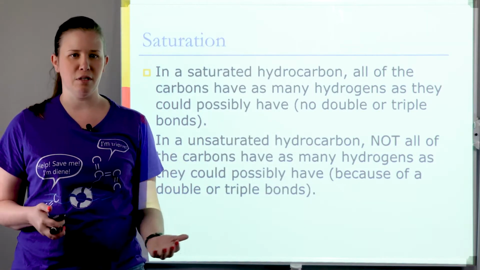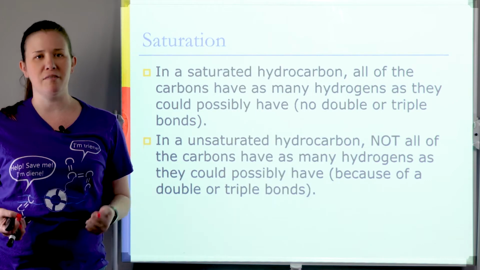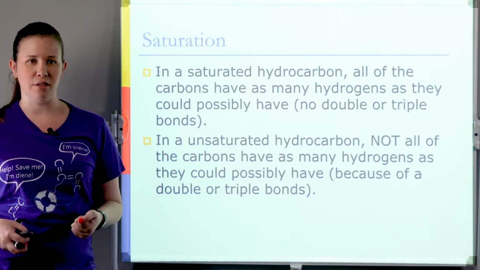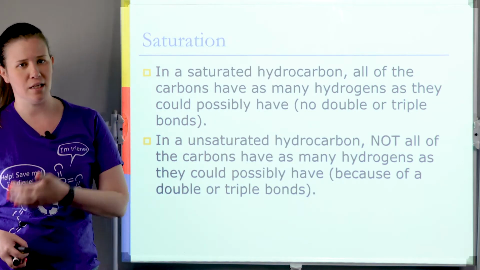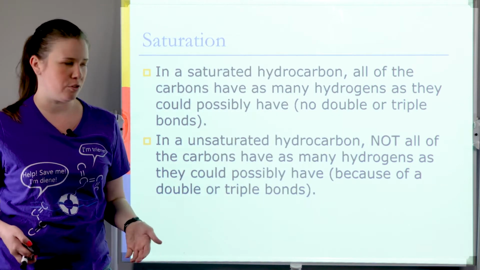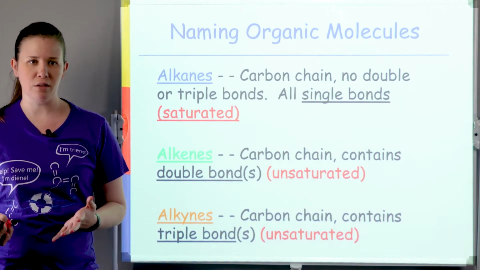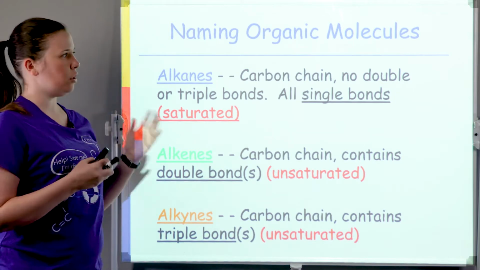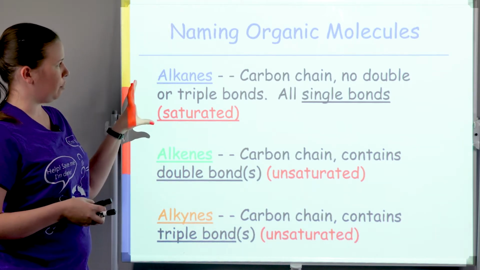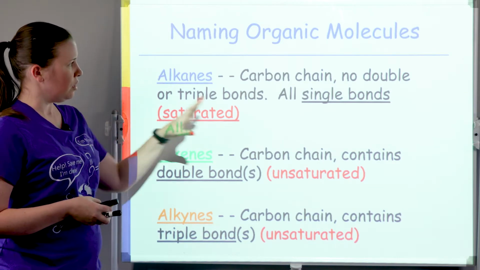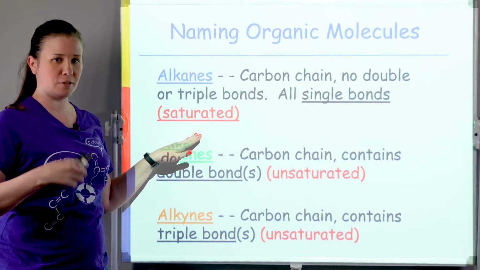So in a chemical definition, saturated compounds are full of hydrogens because they have to have single bonds, where unsaturated hydrocarbons would have a double or triple bond, meaning they have less hydrogen, not saturated with hydrogens. So we actually have 3 different categories for all the different naming things, and it's all bond-based. Saturated hydrocarbons are alkanes by definition, and that means they're going to have all single bonds, which is what allows them to become saturated.